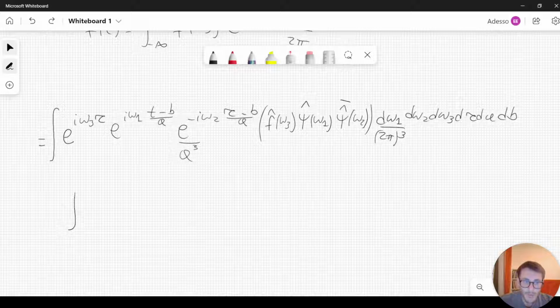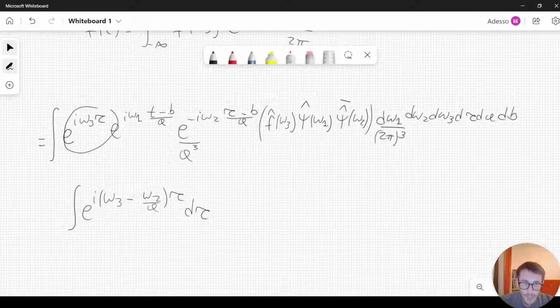So the integral is e to the i (omega 3 minus omega 2 over a) tau d tau, and I can also factor out e to the i omega 2 b over a.